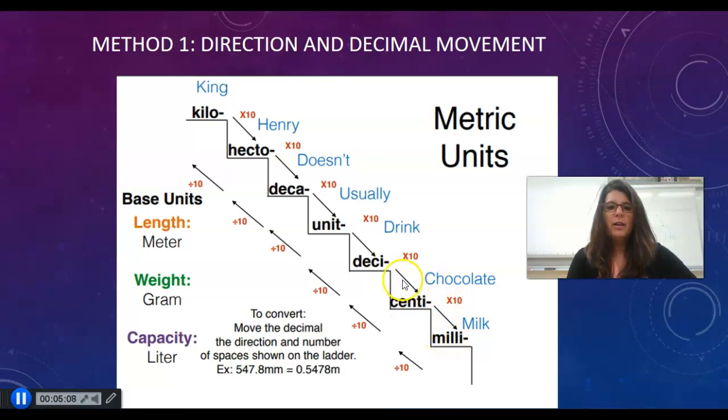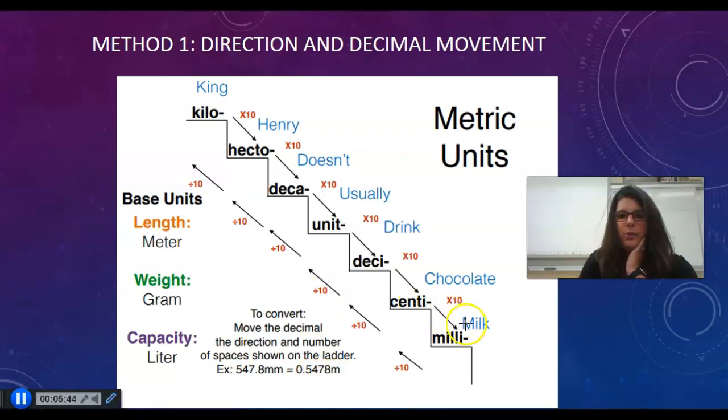So 1, 2, 3. We had to go up 3 steps in a leftward direction. So we would take the decimal point in 547.8 and move it 3 places to the left. 1, 2, 3. And the decimal place would then go there. So the answer would be 0.5478 meters. So 547.8 millimeters equals 0.5478 meters.